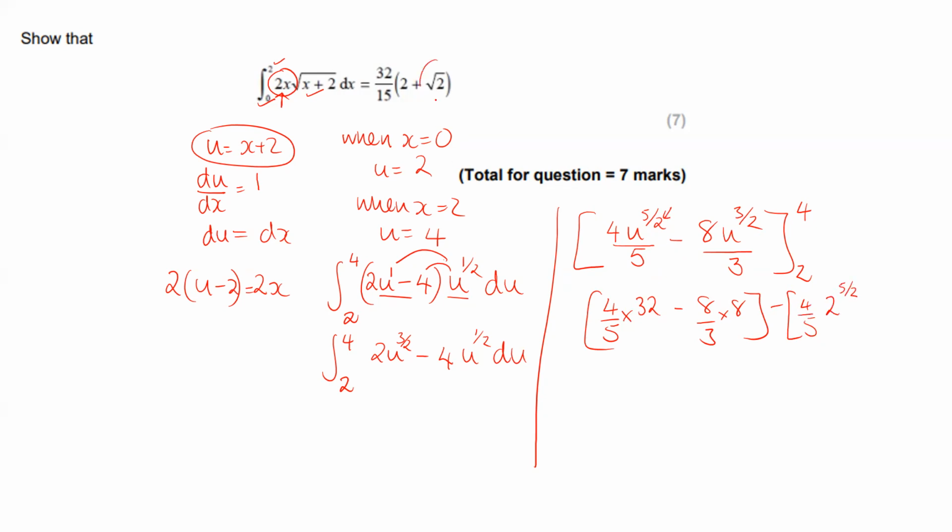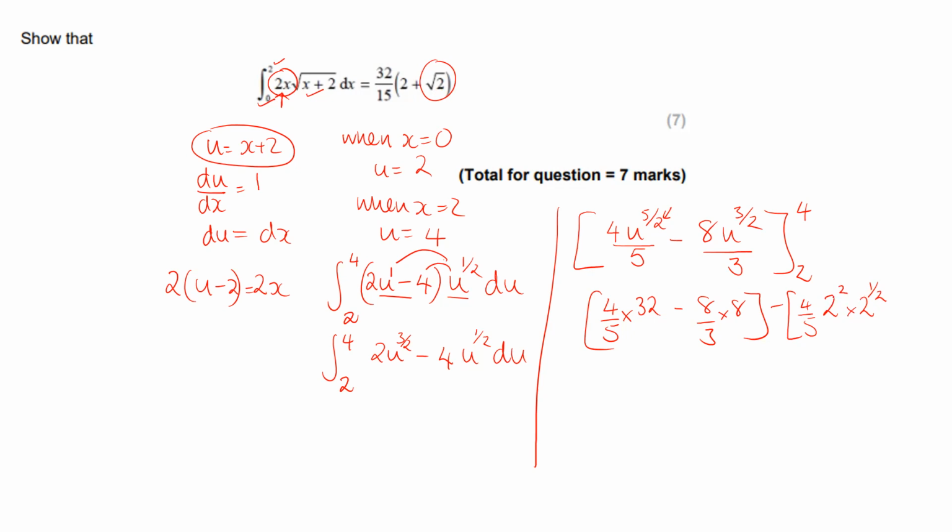Now, looking where I'm going, I need a root 2. So instead of writing that as 2 to the 5/2, 2 to the 5/2 can be written as 2 squared times 2 to the half, which I know 2 to the half is root 2. When I add those two powers together, they're going to be 2.5, which is 5/2.